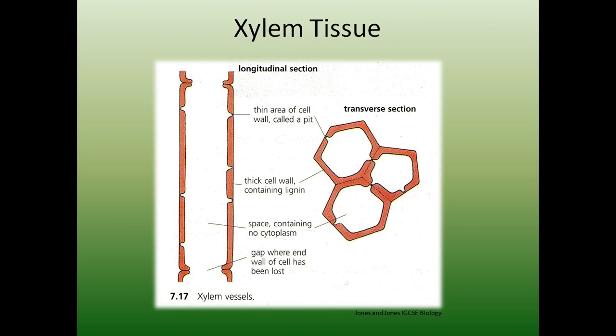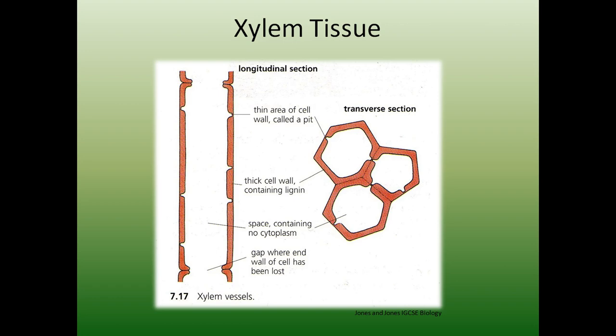We did look at xylem vessels when studying specialized cells. If you remember, we had looked at several ways in which the xylem is adapted for its functions. For example, it's made up of dead, hollow cells.